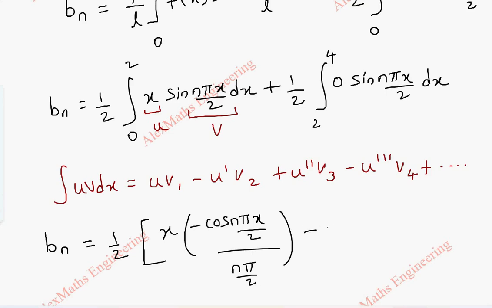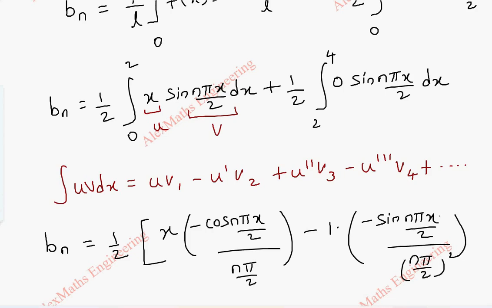Then minus u dash is 1, and integration of this will be minus sin n pi x by 2 by n pi by 2 whole square, and u double dash will be 0. So we close the bracket and put the limit from 0 to 2.